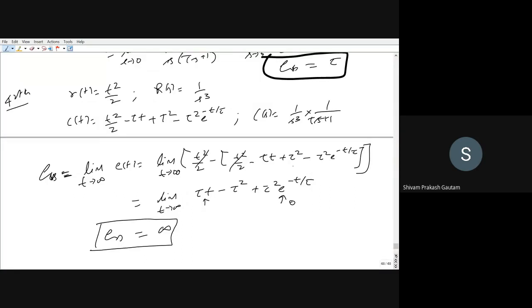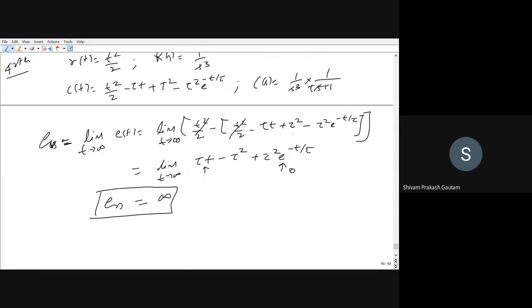That means if I want to plot both input and output, let us suppose this is t. If I am plotting a parabola signal, it is like this. Let us suppose this is our input, that is t square by 2. And its response will look something like this.